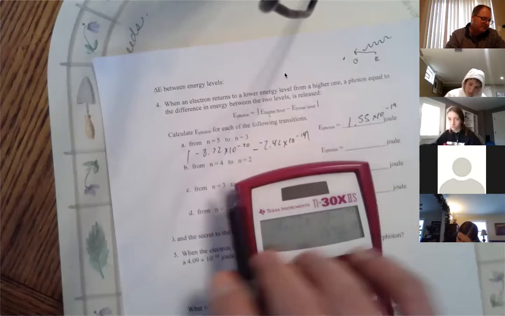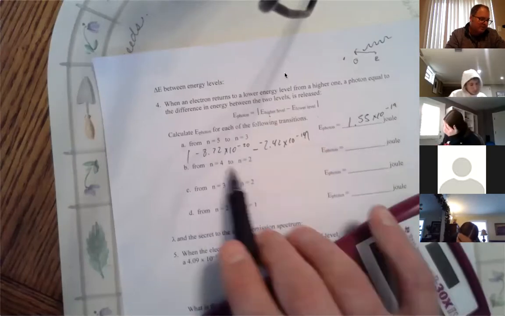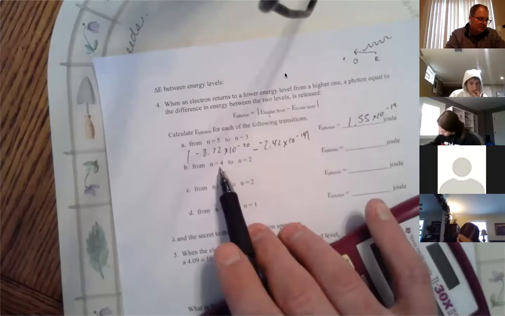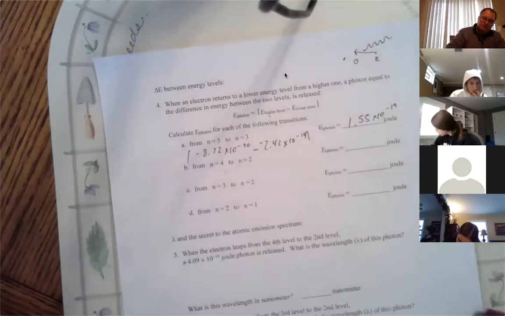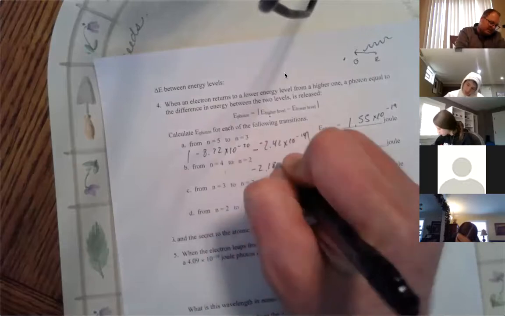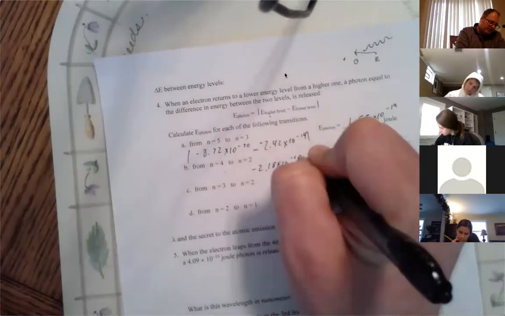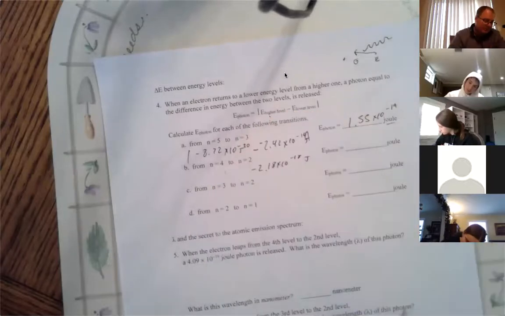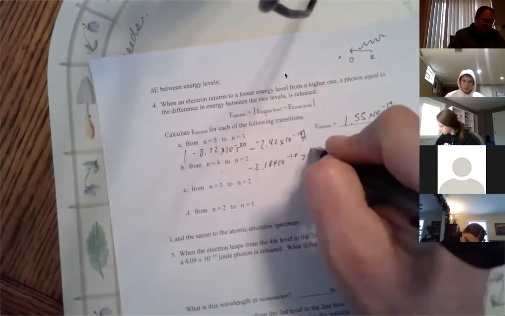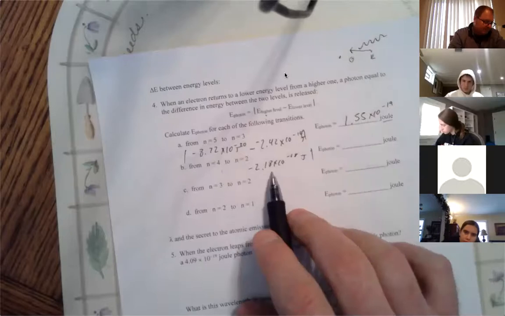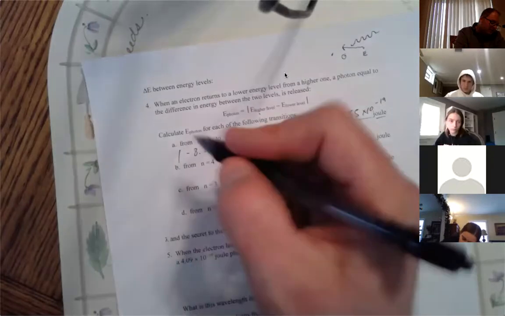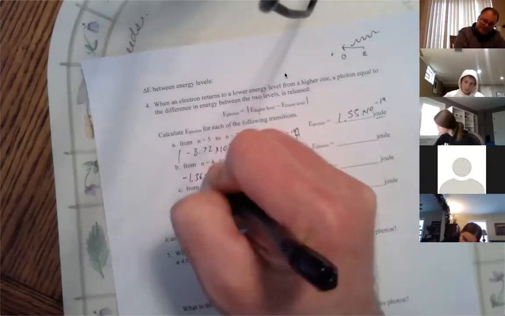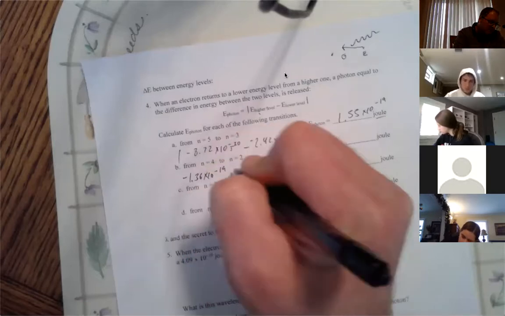All right, so for the next one, what are we going to do? Well, we're going to subtract the second energy level, which is negative 2.18 times 10 to the negative 18th. Both of these also are in joules. So that means we get joules as our final unit. And we're going to subtract this from the fourth principal energy level, negative 1.36 times 10 to the negative 19th joules.